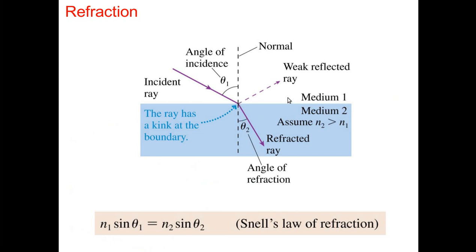And so we notice that if you're going from a low index of refraction to a higher index of refraction, this angle is smaller than this angle. And so what happened was, we look at the right triangle. If I were to take a line parallel to the surface connected to the normal line, I'd have a right triangle here. And if I did the same thing here with another line parallel to the surface, I'd have a right triangle here.